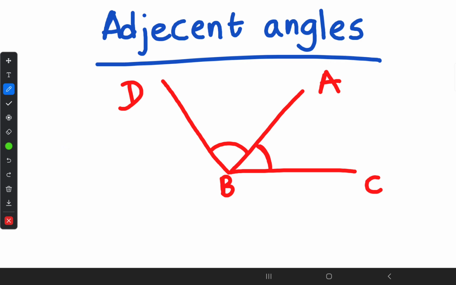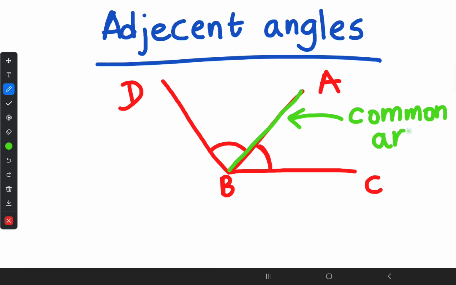The common side which belongs to both of these angles is called the common arm. Just think about the wall, the same wall for two houses. It does not belong to the right side house or the left side house. It belongs to both of them. That means that's a common property.